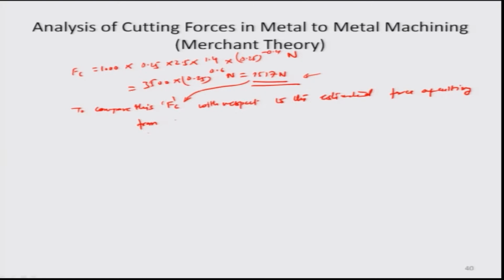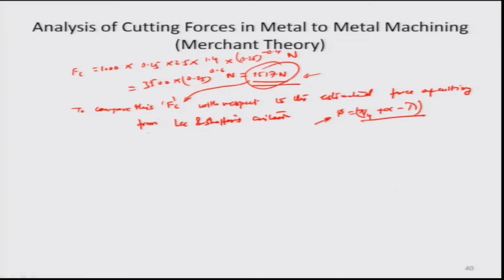Let us say we use the Lee-Shaffer criteria, which talks about phi equal to pi by 4 plus alpha minus lambda, where lambda is tan inverse mu. So, we can find out whether we are still in the range of whatever is estimated by the specific energy method, at least order of magnitude wise, whether the force values are the same.